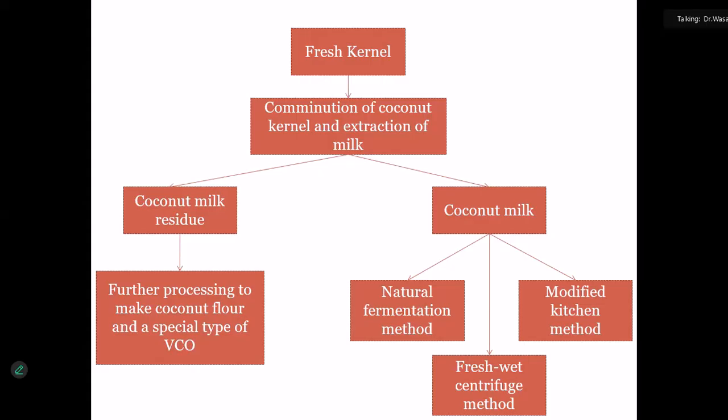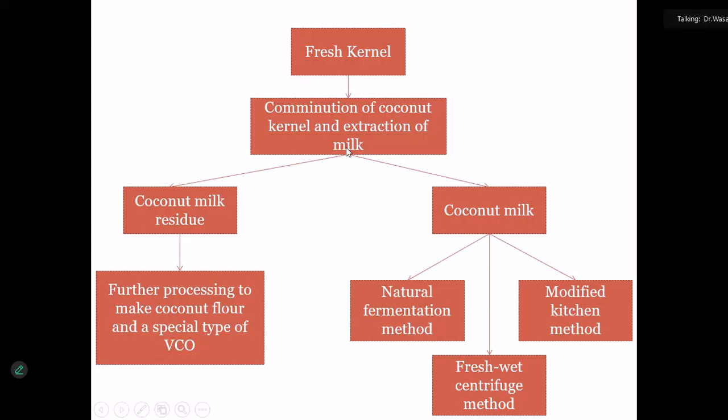Okay, now you can see you are taking press kernel normally. Then comminution of coconut kernel and extraction of coconut milk. You know comminution: comminution means scraping. And extraction of coconut milk is by adding some water. Now the coconut milk you have to filter.